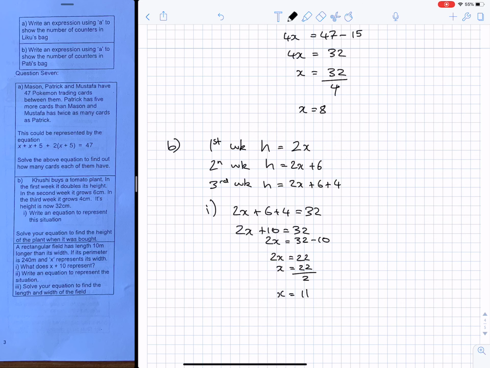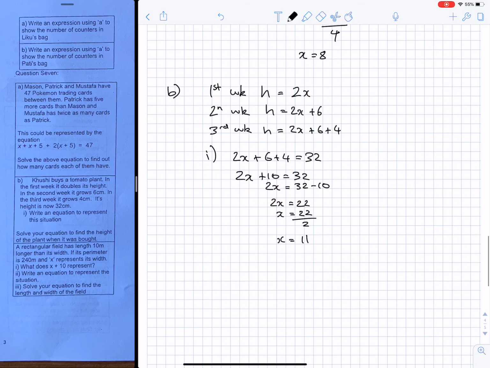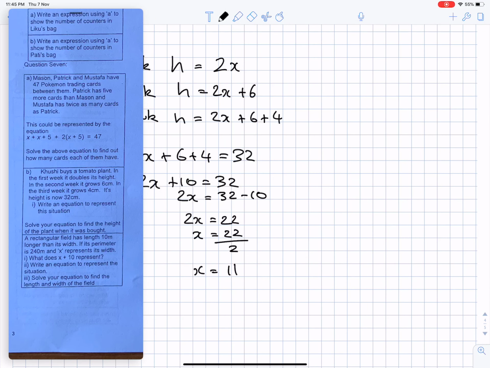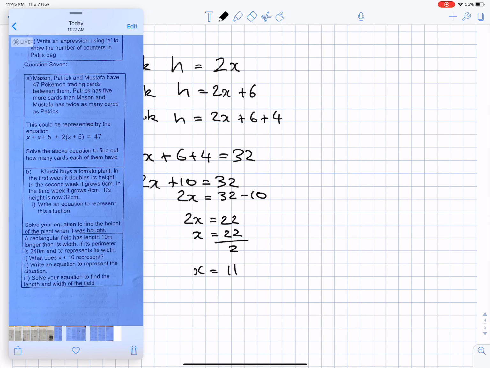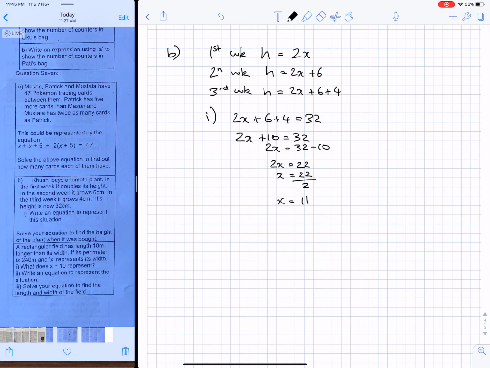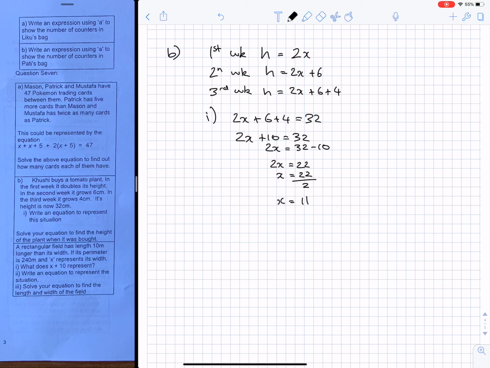And now looking at this, a rectangle. Is this still part of B? Oh, whoops. It looks like it's still part of B. So this is a rectangle.